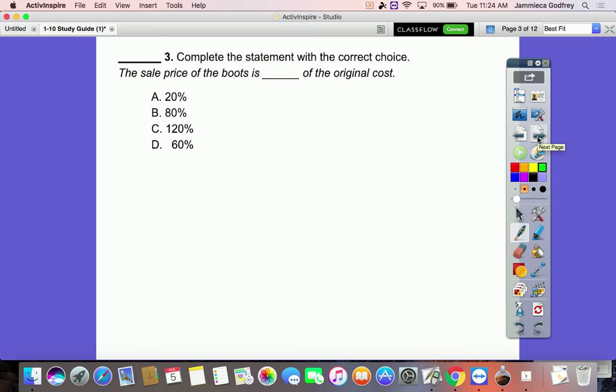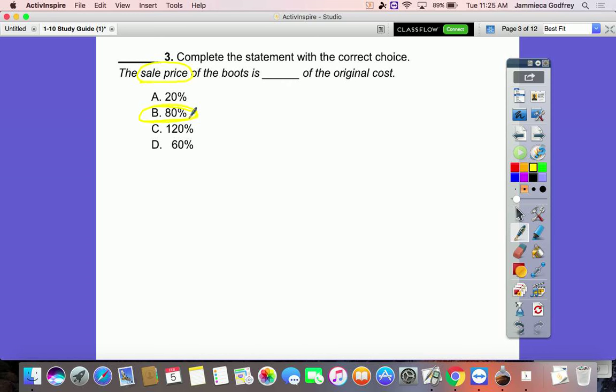On to number 3, using the same 20% off. It says the sales price of the boots, the amount that you paid for the boots, is what percent of the original cost. Remember, sales price, that is the amount that you paid. The sales price is 80% of the original amount.